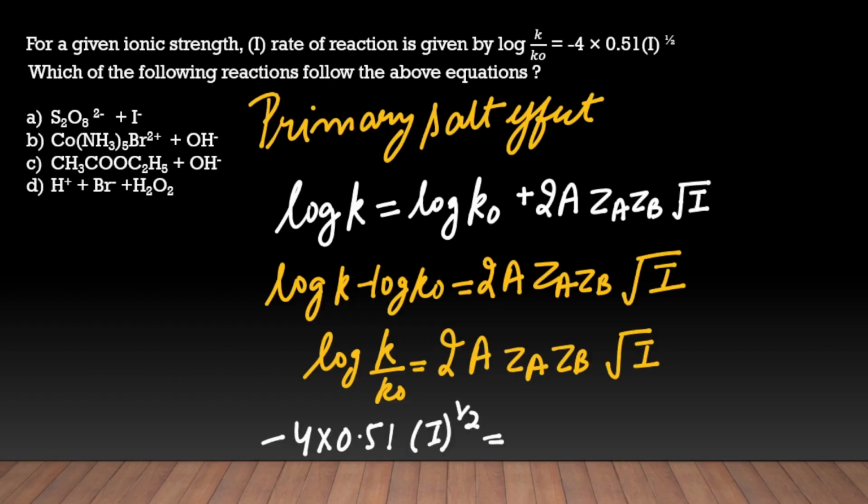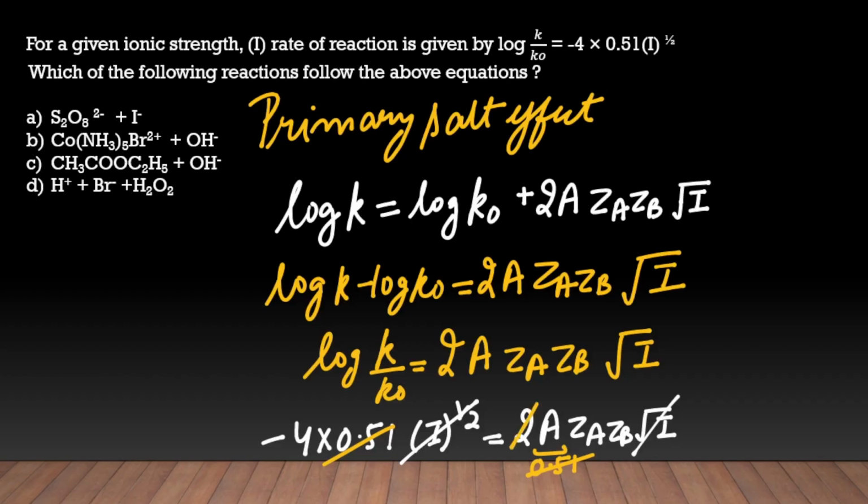This will be equal to 2a times ZA into ZB into the root of I, right? So this I raised to the power of half is being cancelled out. This a value, which is the Debye-Huckel constant, its value is also 0.51. So this 0.51 and this will get cancelled out.